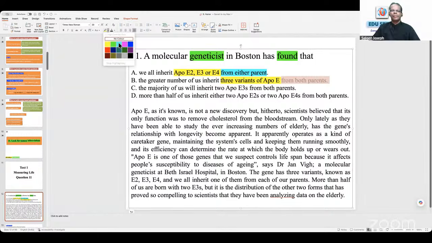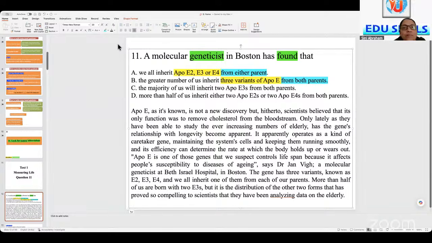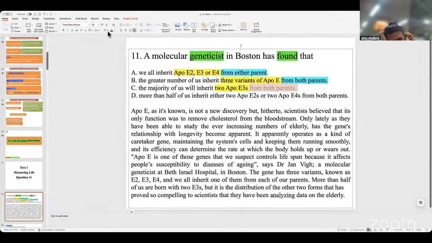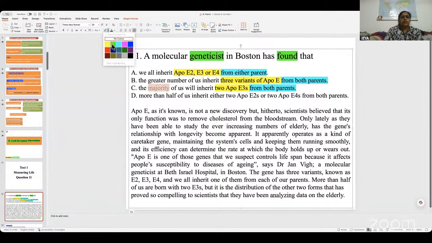That's the differentiating point. Option: The majority of us will inherit 2 ApoE3s from both parents. Both parents, or majority. Majority is the scale. Majority, greater number.